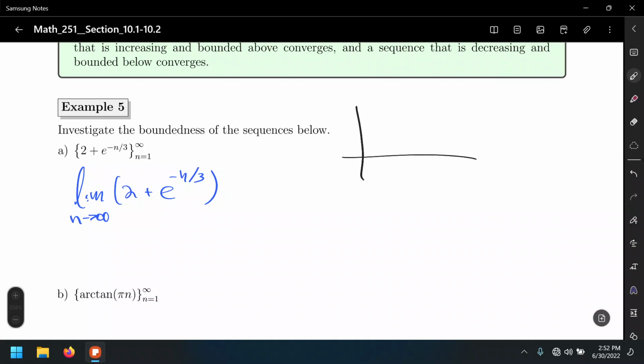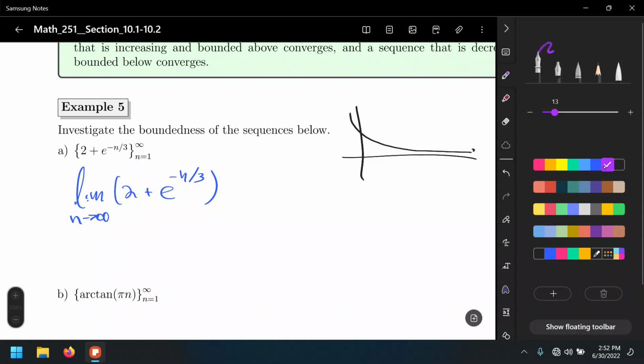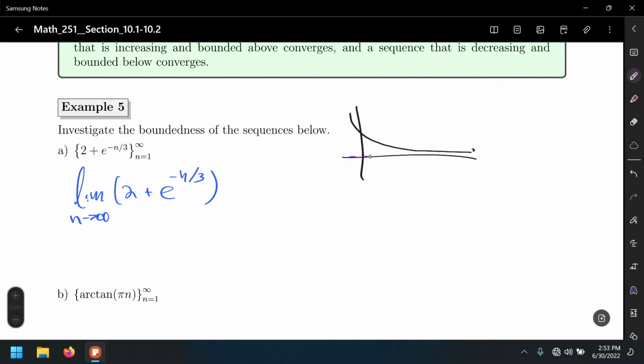However, because of this 2 right here, the exponential is shifted up 2 units. The original exponential function looks like this, even though we don't usually draw it, technically there is always this invisible asymptote, the x-axis, in the same way that the natural log function, or any logarithm function, has a vertical asymptote at the y-axis.